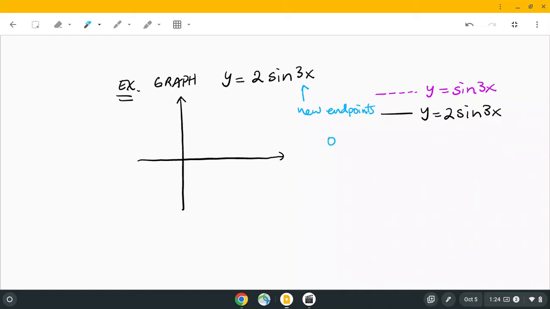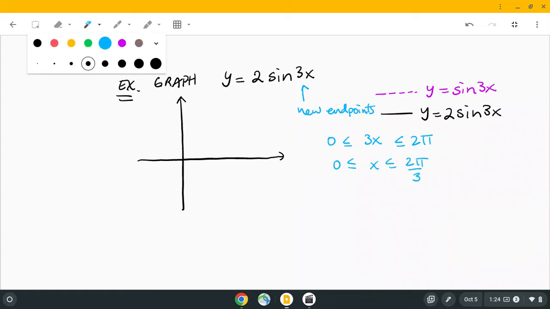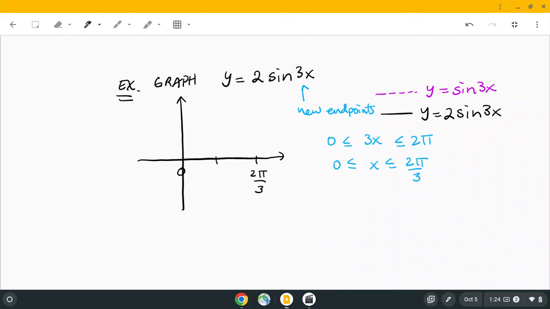Normally it's from 0 to 2 pi, but because we're messing with the angle, we have to solve for x. Divide everything by 3, and we get 2 pi over 3. So now my graph goes from 0 to 2 pi over 3 instead of 0 to 2 pi, and halfway between is pi over 3.